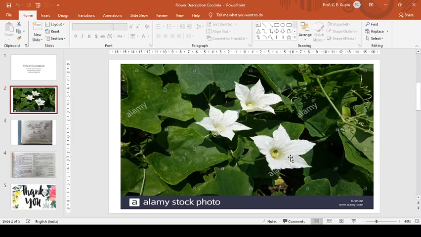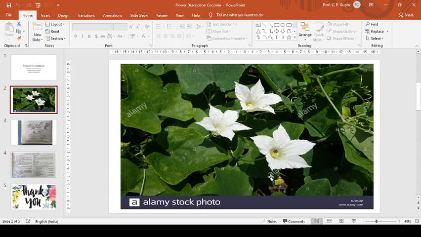Androecium, stamens 5, synandrous, appearing as if 3 stamens. Out of 5 stamens, 4 are fused in 2 groups of 2 each, appearing tetrathecous, and the fifth one is free. One term is there, that is synandrous.